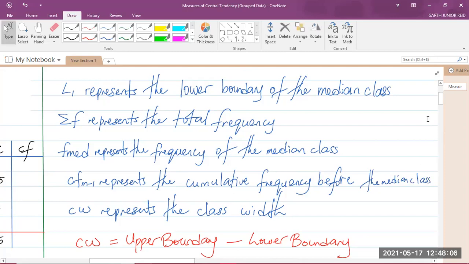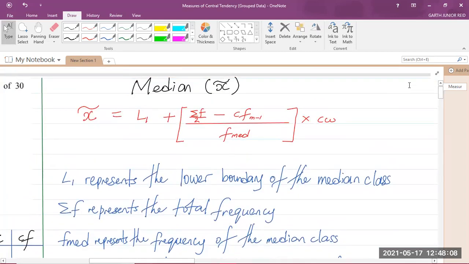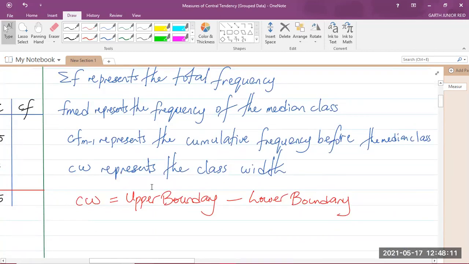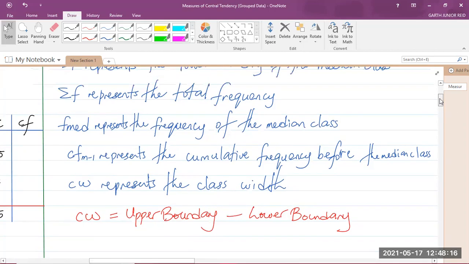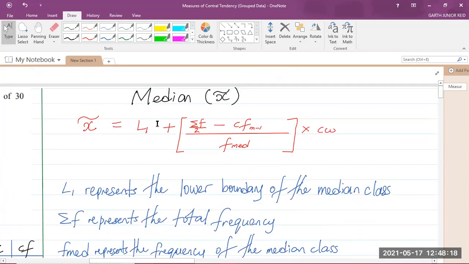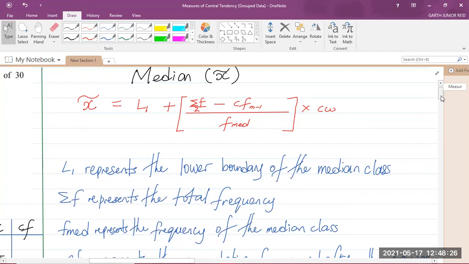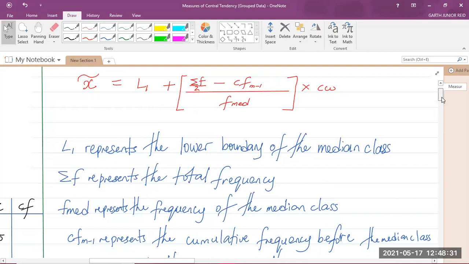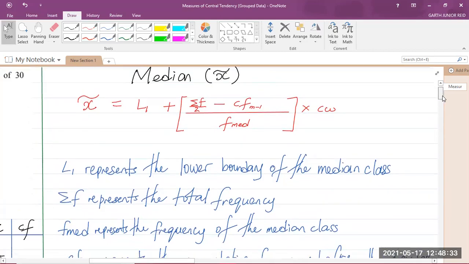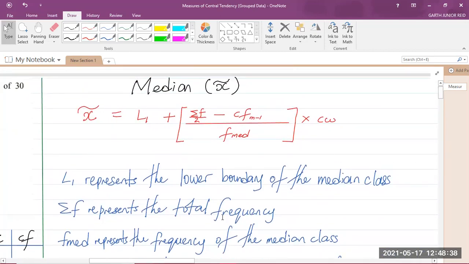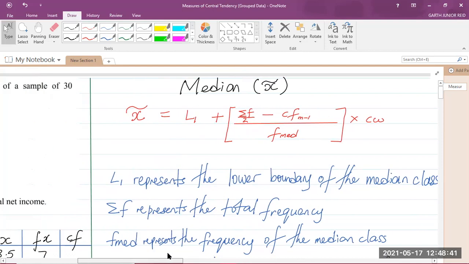The CW that you see here is the class width, calculated using the upper boundary minus the lower boundary of the class limit. So the median is equal to the lower boundary of the median class plus the total frequency divided by 2 minus the cumulative frequency before the median class, divided by the frequency of the median class, multiplied by the class width. The class width is also called the class size.